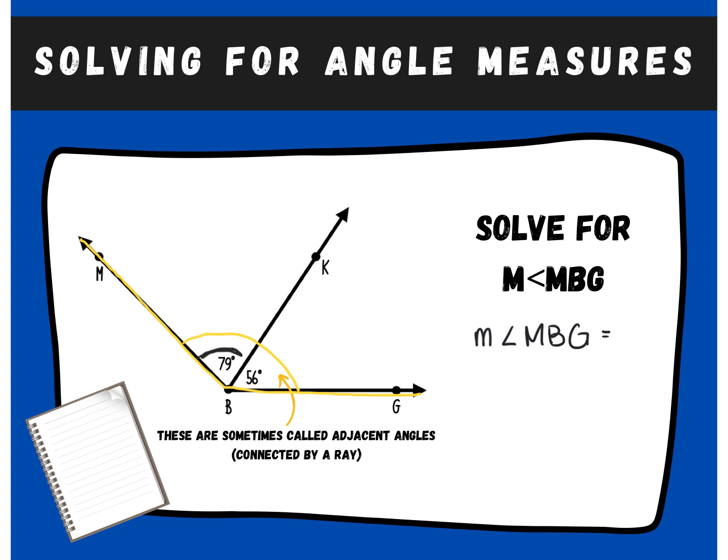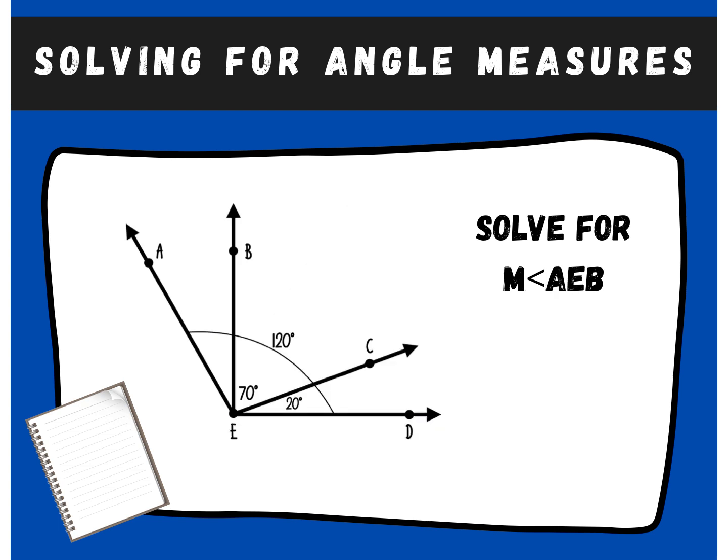So MBK is 79 degrees and KBG is 56 degrees. And if I add those, I can get the total of the entire angle. In this case, I get the measure of angle MBG is 135 degrees.